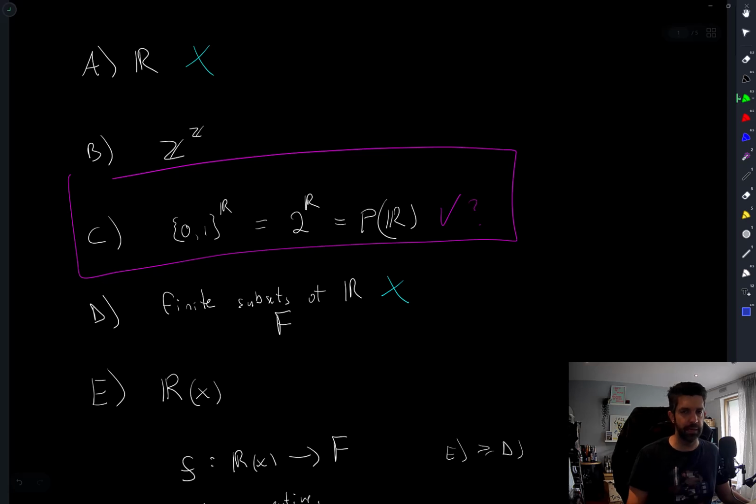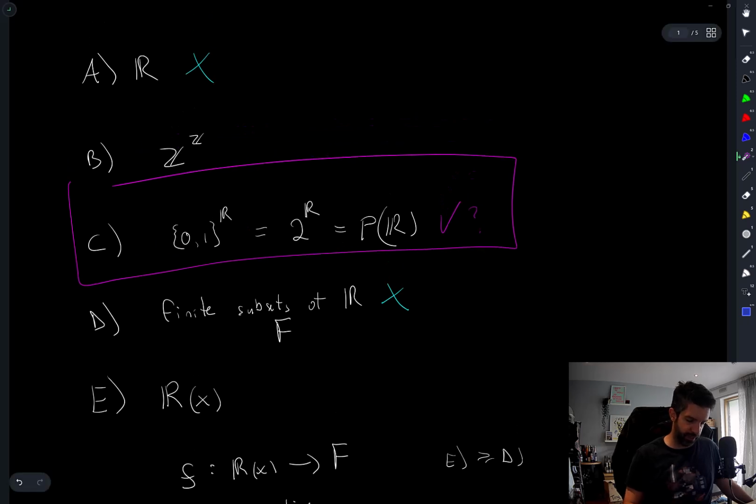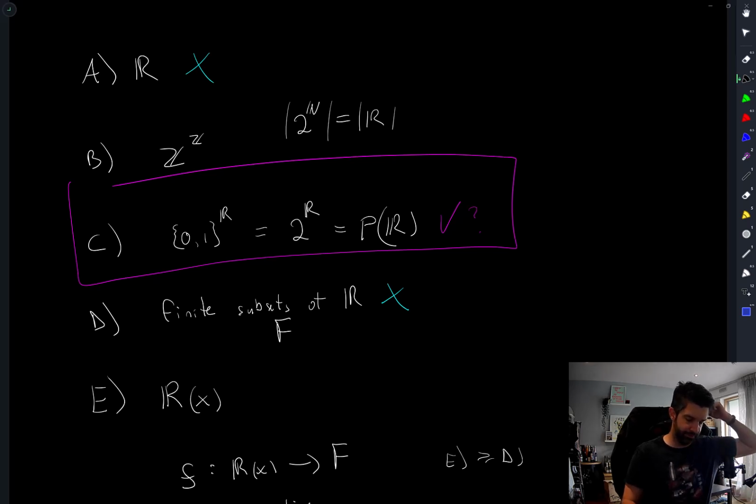I don't really have a great way of demonstrating or proving this, but I'll say it's common knowledge that these two have the same cardinality. We know, for example, that 2 to the N has the same cardinality as R. That's a standard construction or argument.